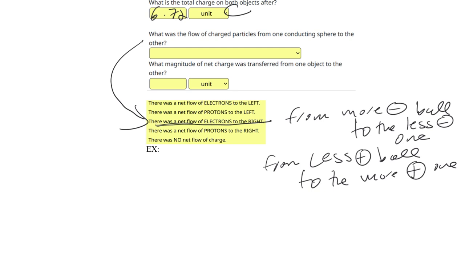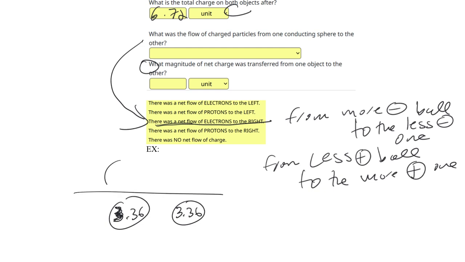What net charge was transferred from one object to the other? Okay, so they both were 3.36 after.